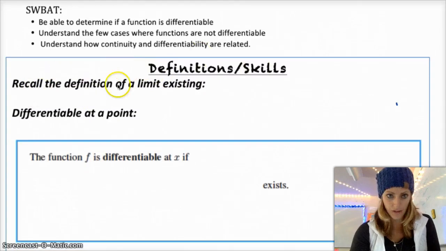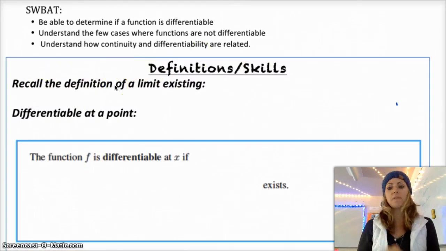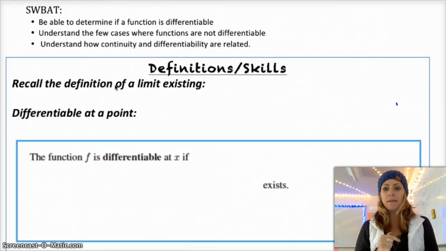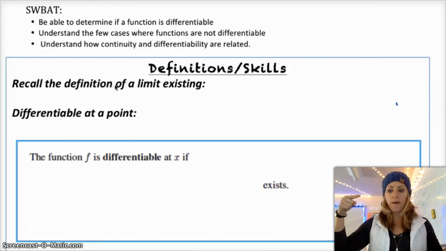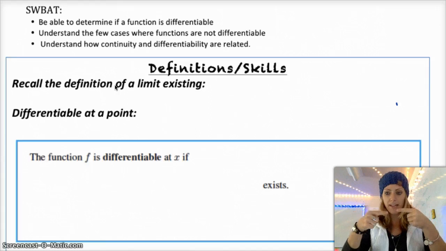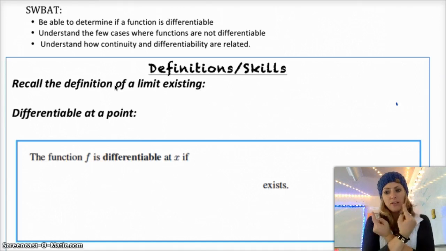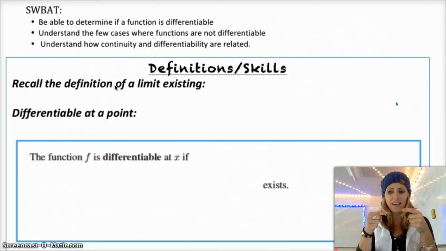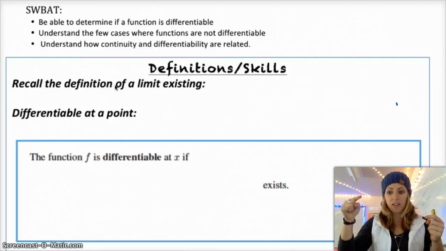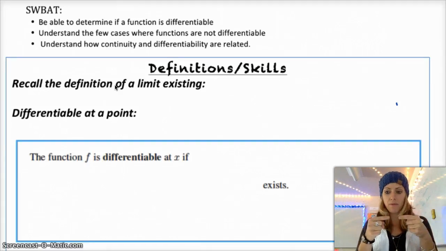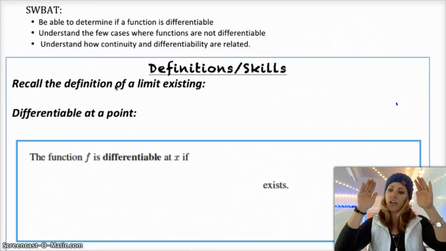Just as a refresher, recall the definition of a limit existing. A limit exists if the limit from the left and the limit from the right are equal to each other.